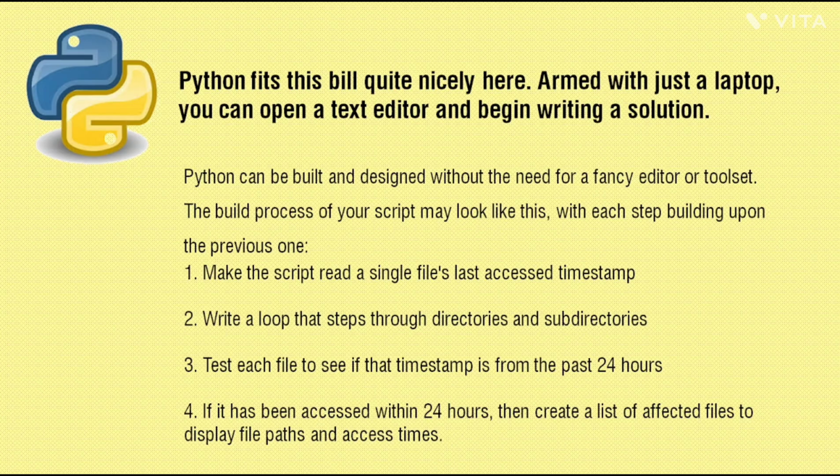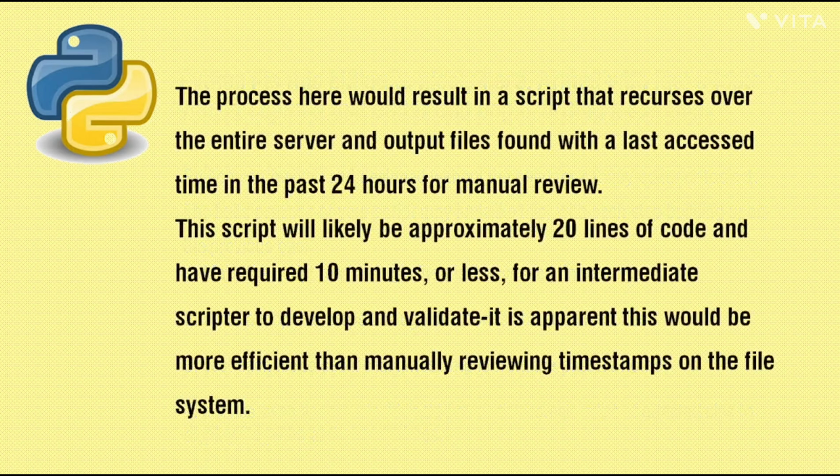And fourth, if it has been accessed within 24 hours, then create a list of affected files to display the path and access times. The process here would result in a script that recurses over the entire server and outputs files found with a last accessed time in the past 24 hours for manual review.